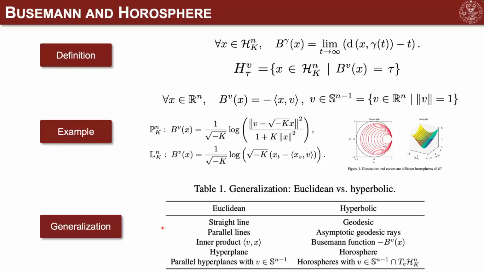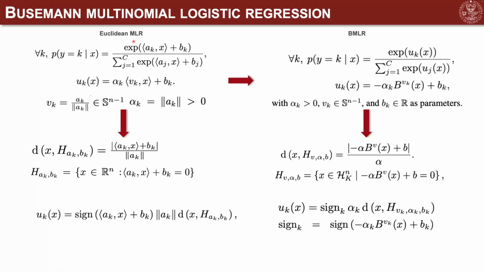An interesting finding is that in Euclidean networks, many layers or basic units are based on the inner product or hyperplane. This means that we can use the Busemann function and the horosphere to do deep learning over hyperbolic space. First we focus on the classifier, called Euclidean multinomial logistic regression, or more familiarly, it is composed of the fully connected layer and the softmax.